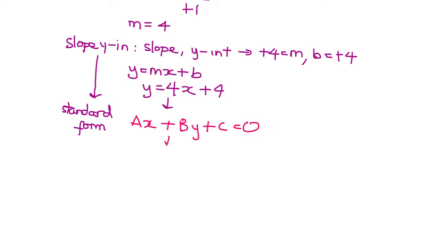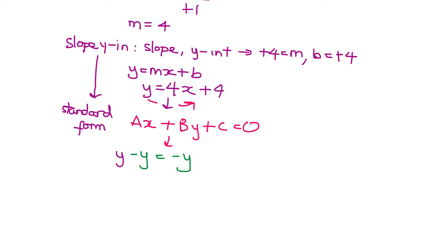In order to accomplish that, don't forget that we have to move one side of the equation over to the other side, so that one side will be equal to 0. For convenience, I'm going to move my y over to the other side, which means we subtract both sides by y, so this will be negative y on both sides.